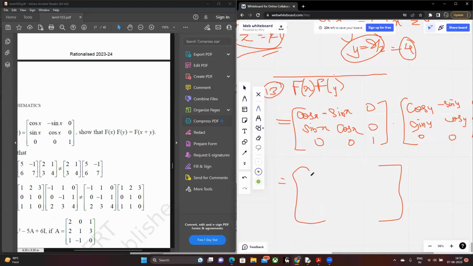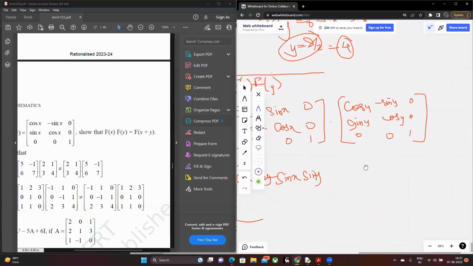And so in this first place, you basically have this row into this column, that is cos x cos y minus sin x sin y plus 0.